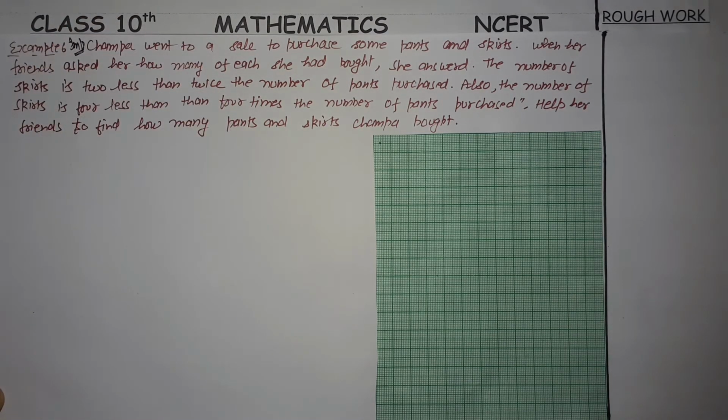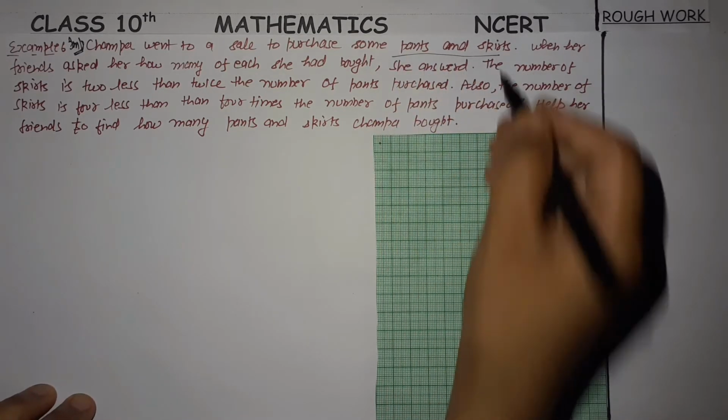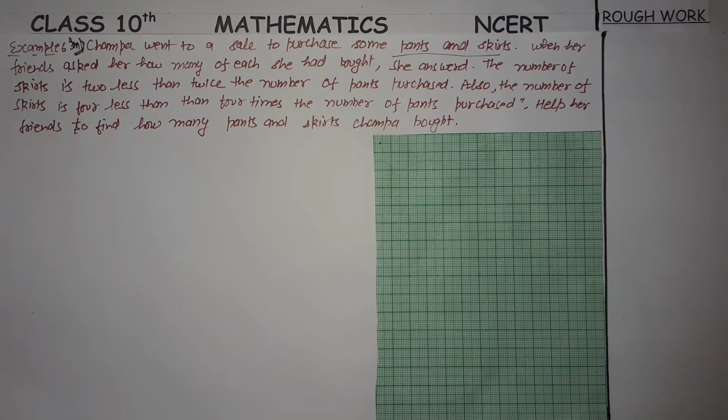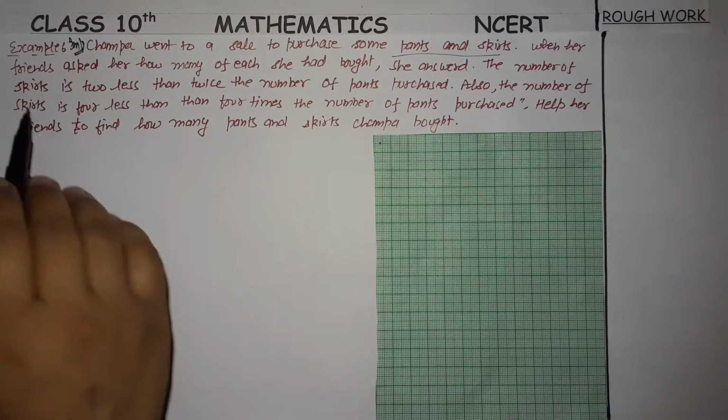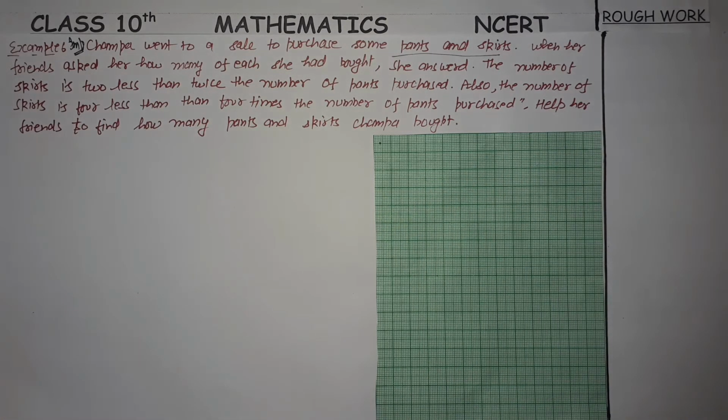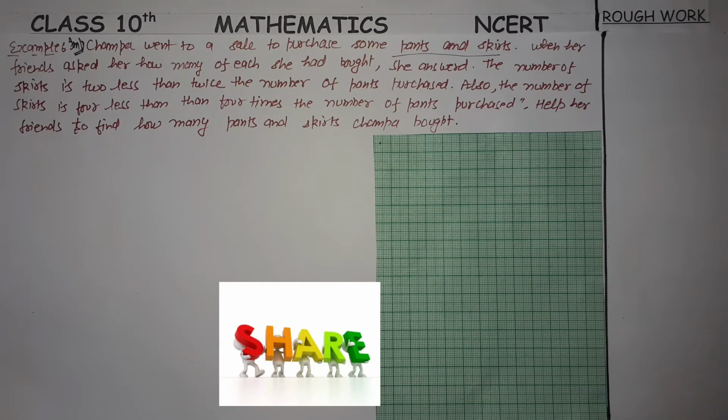The statement is on your screen. Champa went to a sale to purchase some pants and skirts. When her friend asked her how many of each she had bought, she answered, the number of skirts is 2 less than twice the number of pants purchased.